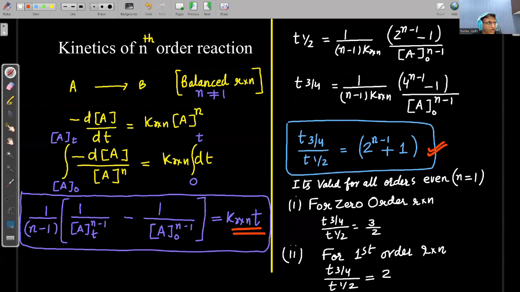Like for zero order reaction, if I put n as 0, then 1/2 plus 1 is 3/2, ratio is 3/2. For first order reaction we have calculated n is 1, so 2, right. Second order reaction also you can write. So it's valid for all reaction orders, right. Even for n is equal to 1 it is valid, we are lucky there. For zero order reaction, T3/4 upon T half is equal to, we have discussed this.